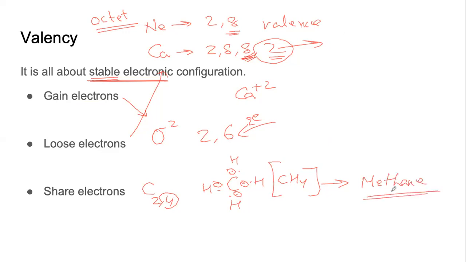So valency is the number of electrons that are gained, lost, or shared by an atom to achieve a stable electronic configuration. Chemical bonds. You have already reminded me that chemical bonds are of 2 types, ionic and covalent.